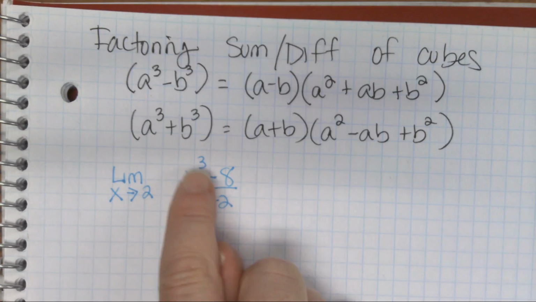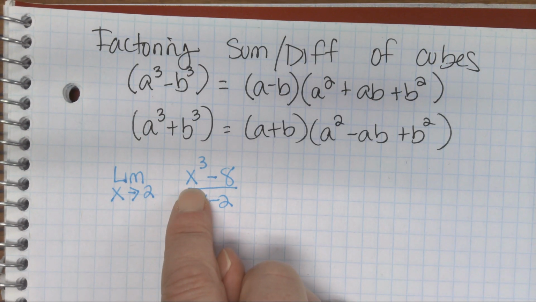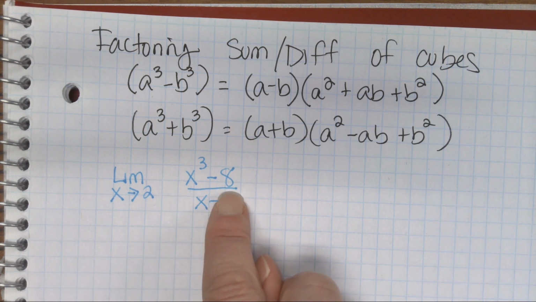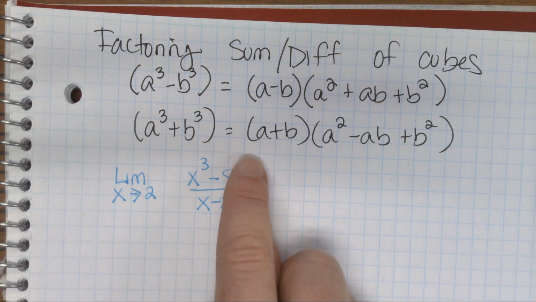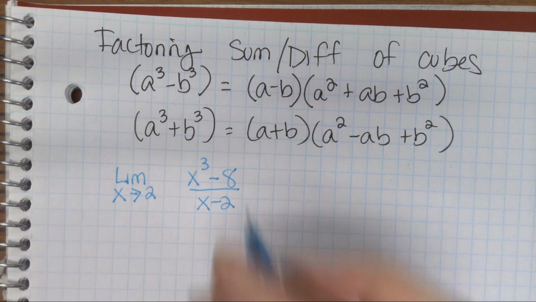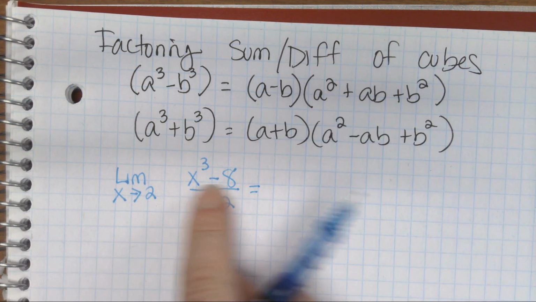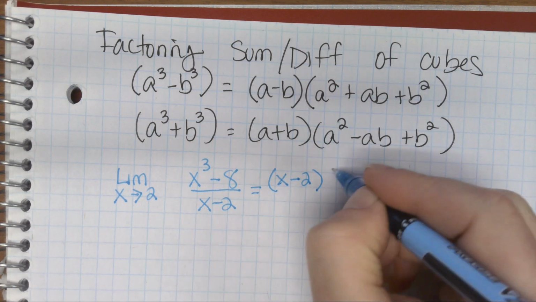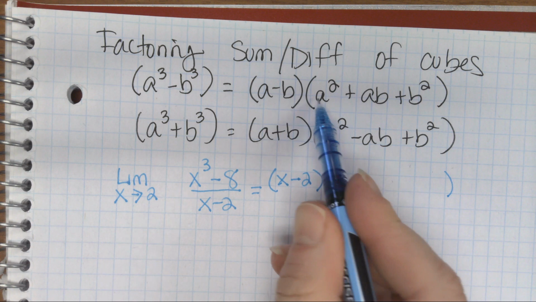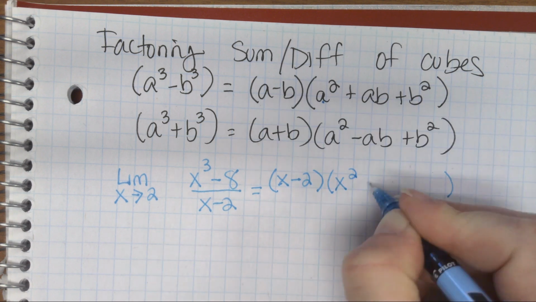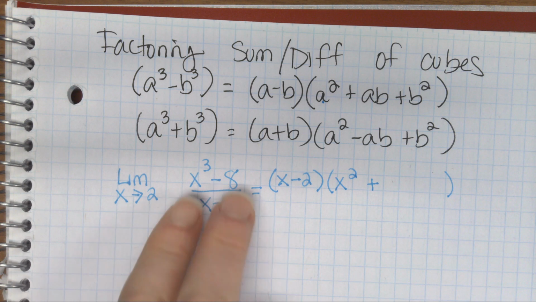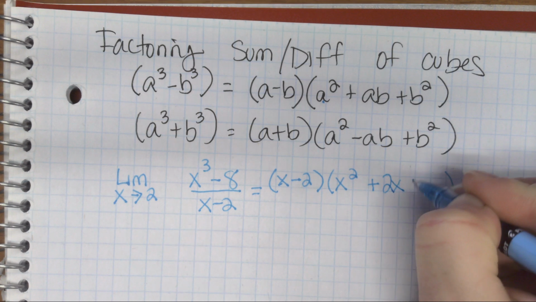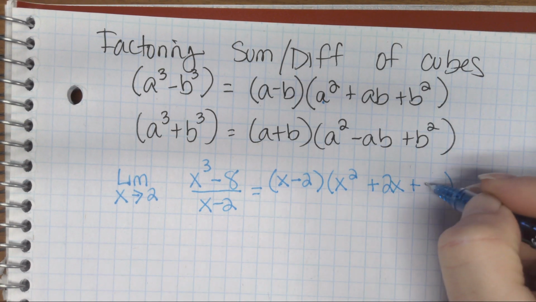So what's the cube root of x cubed? X. What's the cube root of 8? 2. So my a and b in this situation are x and 2. So out in front, I would write x minus 2. And then this goes to x squared plus, I multiply a and b together, so that would be 2 times x, plus 2 squared, which is 4.